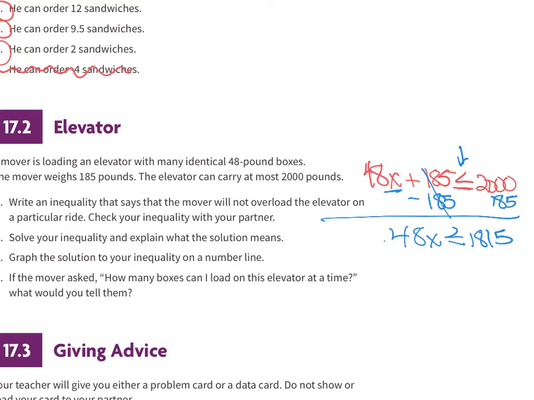The 48X means 48 times X, so to get rid of times, we divide. So 1,815 divided by 48-pound boxes is 37.815. So X is going to be less than or equal to 37.815 boxes. Once again, we can't have 0.815 of a box. So we're just going to round down because it can't be greater, because we don't want the elevator to collapse. So we're going to round down to 37 boxes.